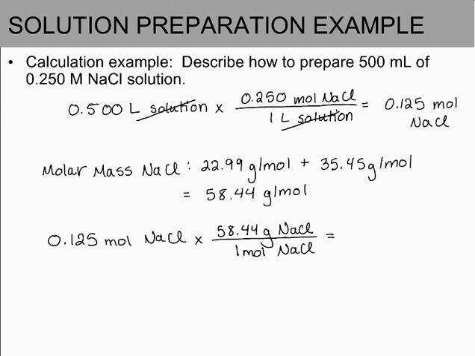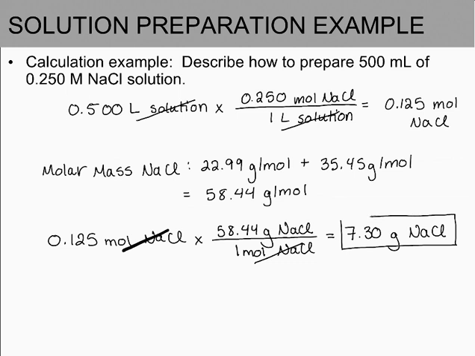So we're just multiplying 0.125 by 58.44, and then units of moles will cancel, so we'll be left with grams, which is what we want. This should give us 7.3 grams of sodium chloride.